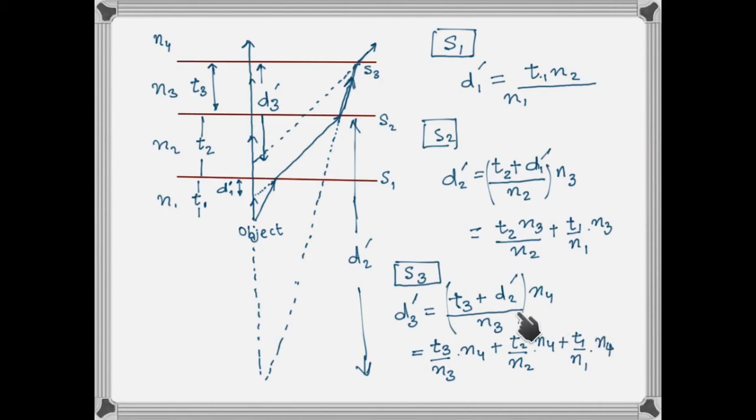This distance is called apparent depth. This is the depth of the object as seen by an observer here, because the observer is seeing the object at this point. So this is the depth that is felt by the observer.